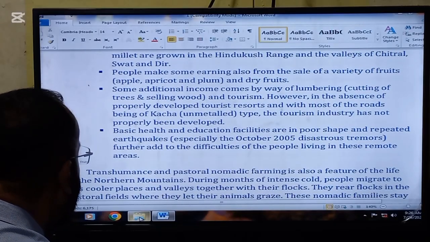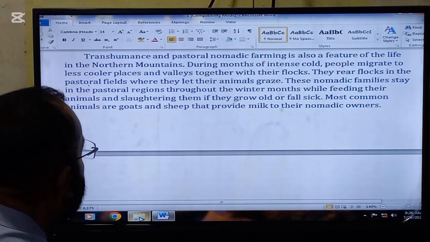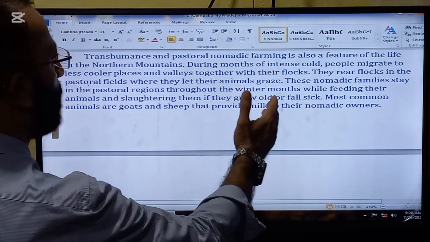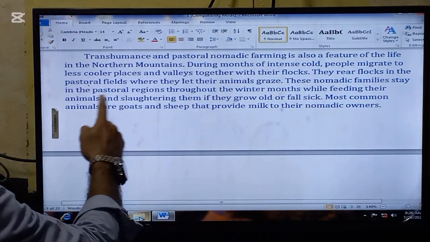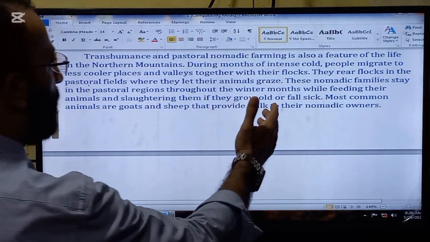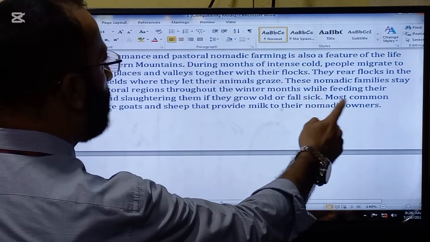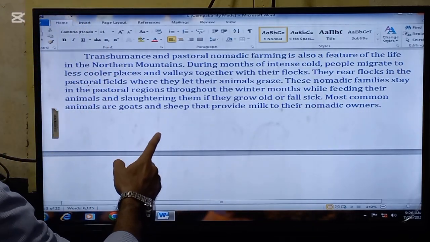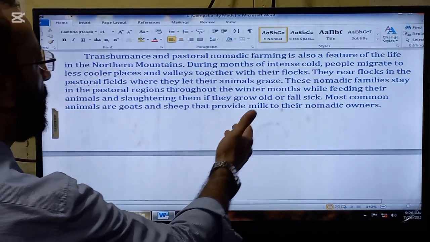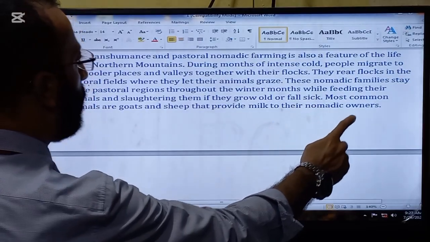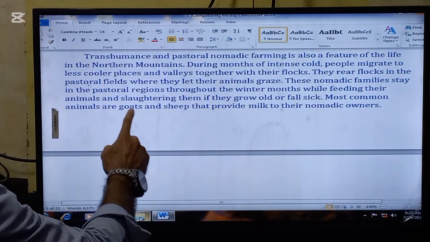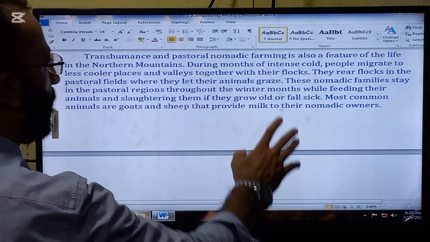Transhumance and pastoral nomadic farming is also a feature of life in the northern mountains. During months of intense cold, people migrate to less cold places and valleys together with their flocks. They rear flocks in the pastoral fields where they let their animals graze.